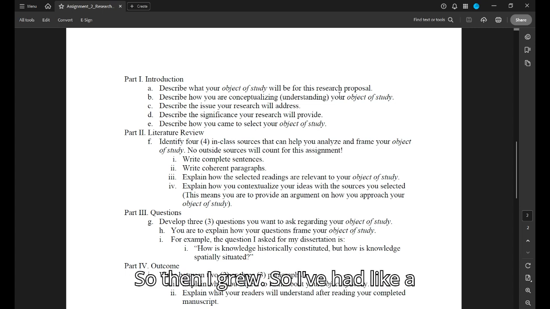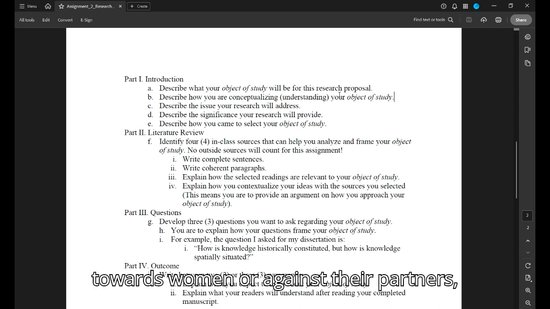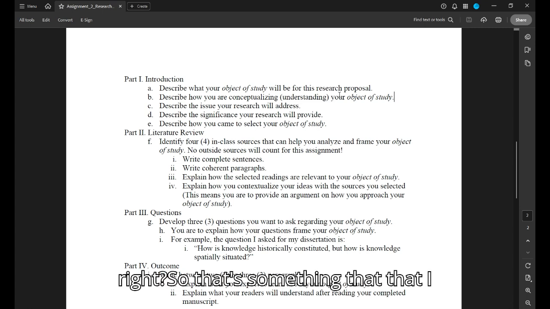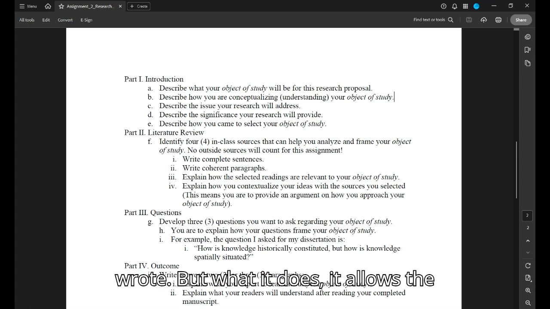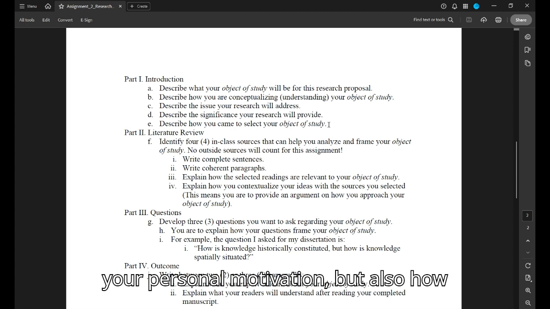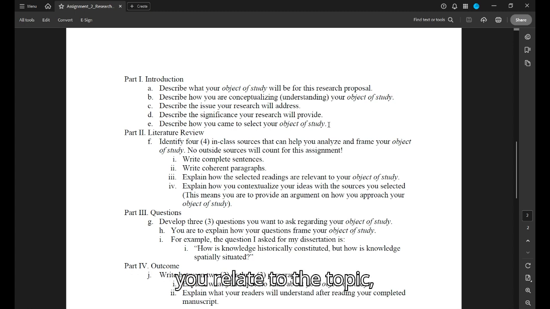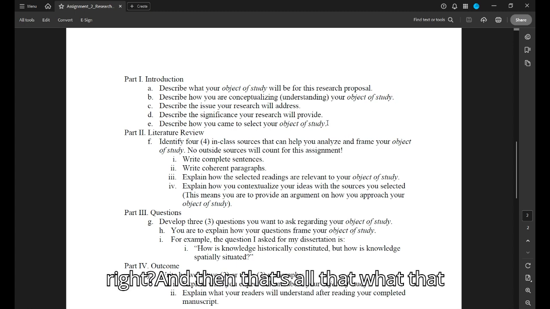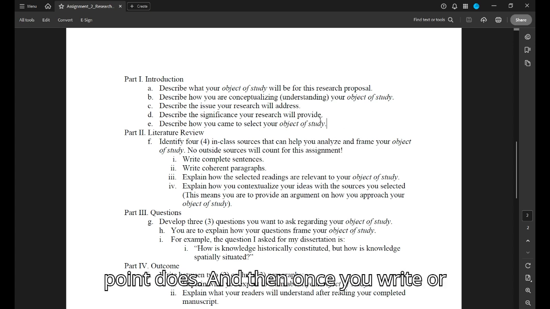So I've had a negative attitude towards men that engage in violence towards women or against their partners. That's something that I wrote. What it does is allow the reader to understand not only your personal motivation, but also how you relate to the topic. That's all that point does.